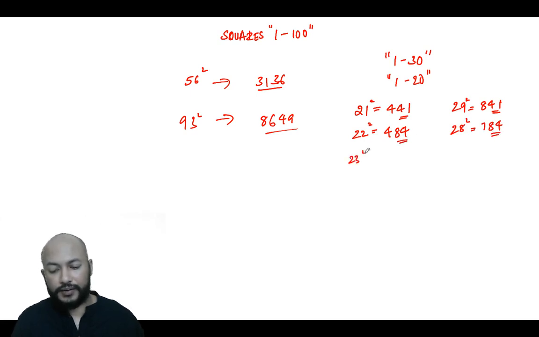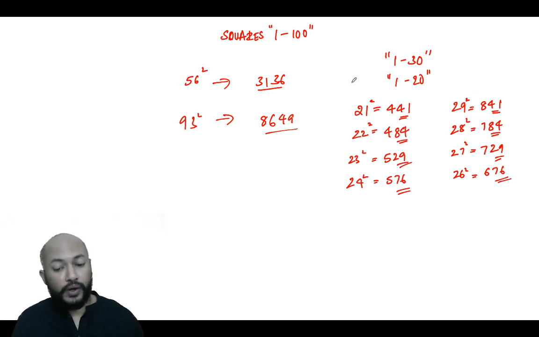23 square is 529. 27 square is 729. 24 square is 576. 26 square is 676. Last two digits, and again here, last two digits, they are same.